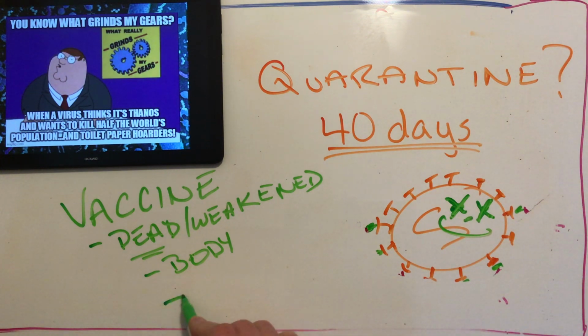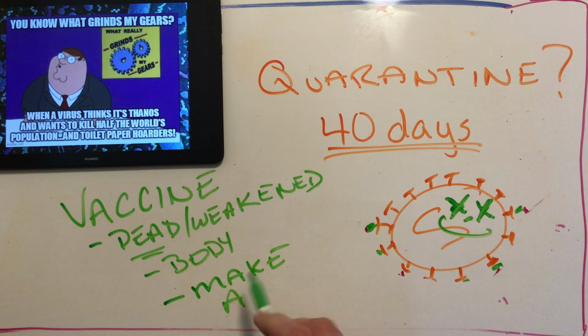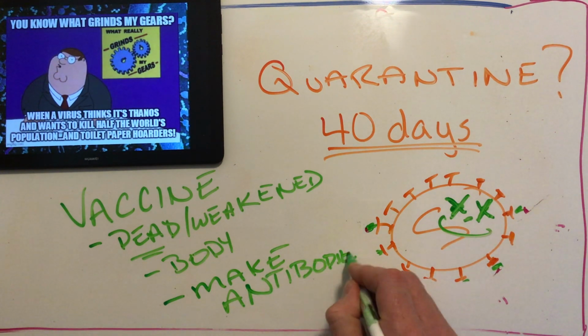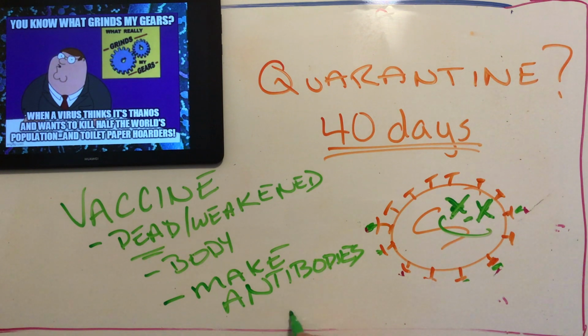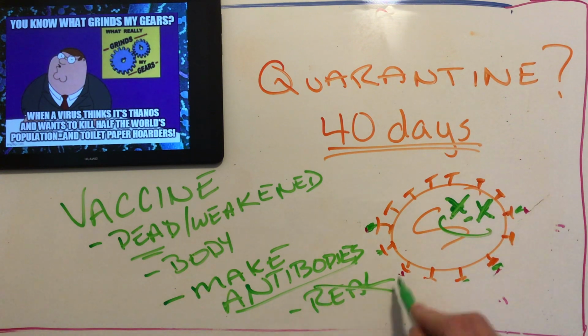Our body will have the same response against a much weaker, much less virulent intruder, and it makes the antibodies. And so when the real thing comes along later on down the line, you've got your antibodies already made, and you kill it right away.